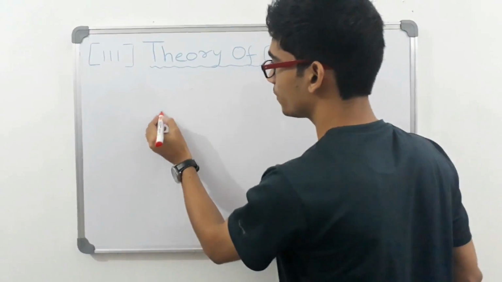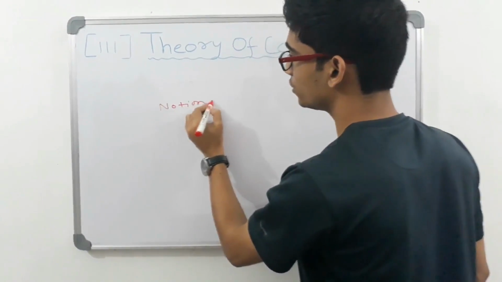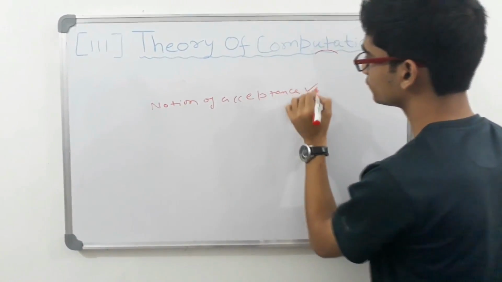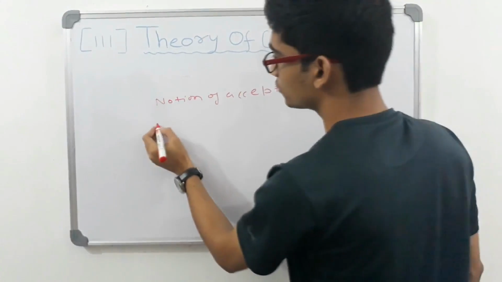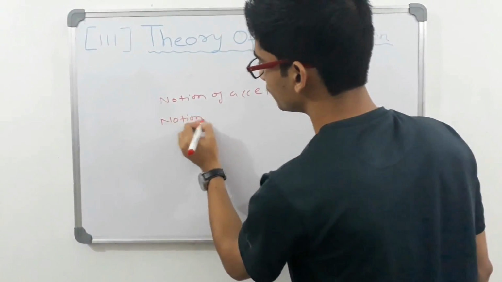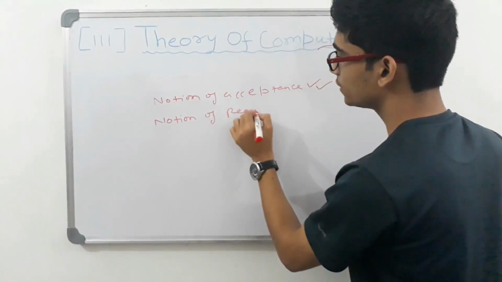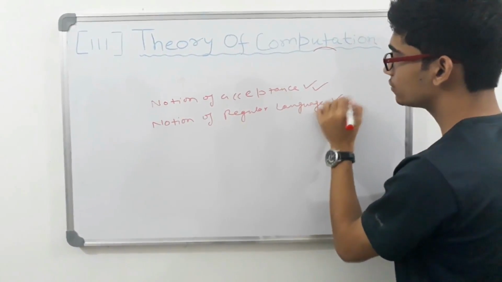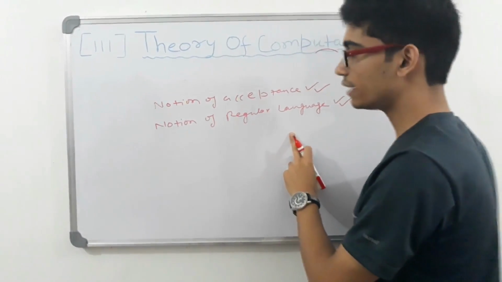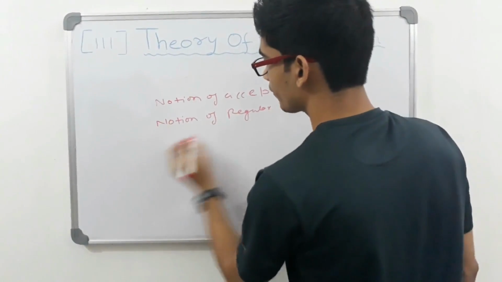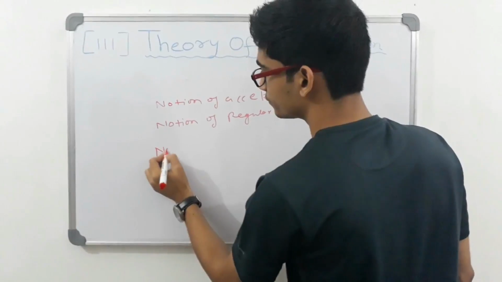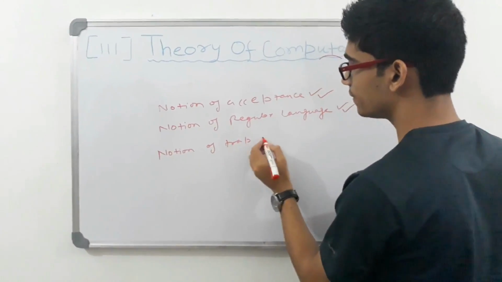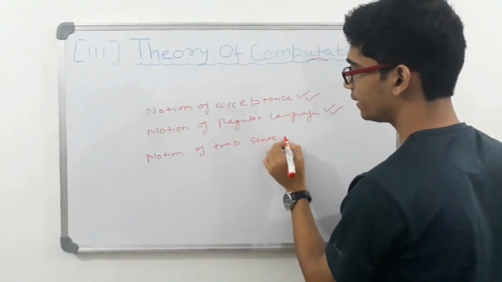So we got the notion of acceptance, and we also got the notion of regular language. Basically, a regular language is a language for which we can draw a DFA, and we got the notion of trap state in the final example.